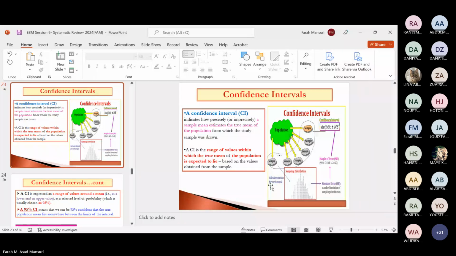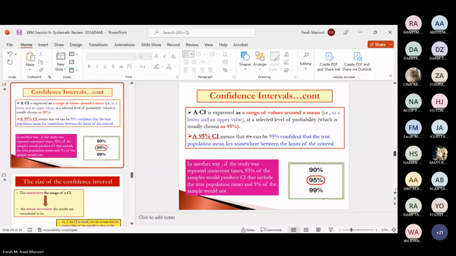Mostly it is the 95% confidence interval that is to be used. But for more sensitive studies, we can select 99%.